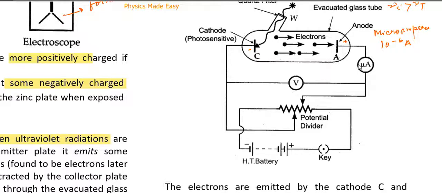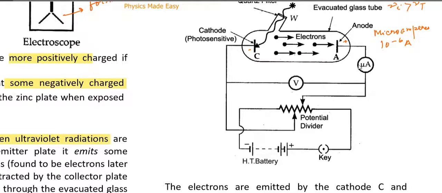Stopping potential means it is a negative value of the potential at which photocurrent becomes zero. Simple language. In detail, when even the fastest moving electron from the cathode fails to reach the anode, it means electric potential is a measure of the kinetic energy of the fastest moving electron. So this is another fact that comes out of it.